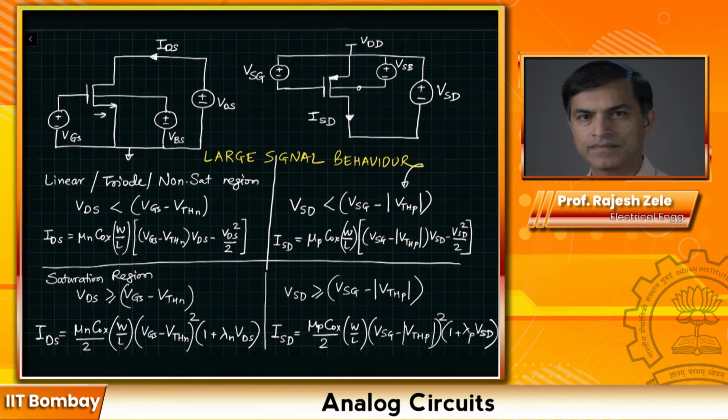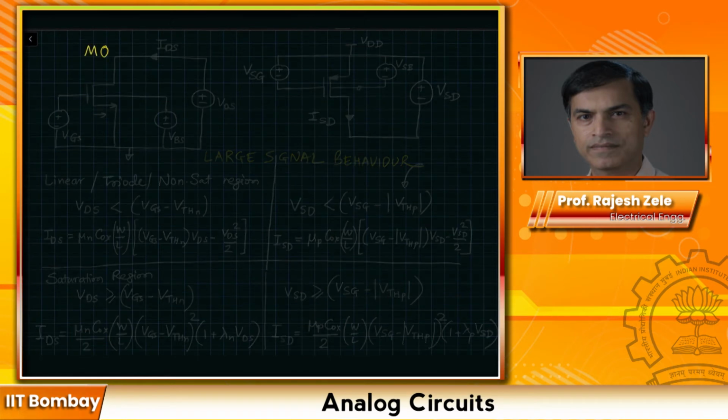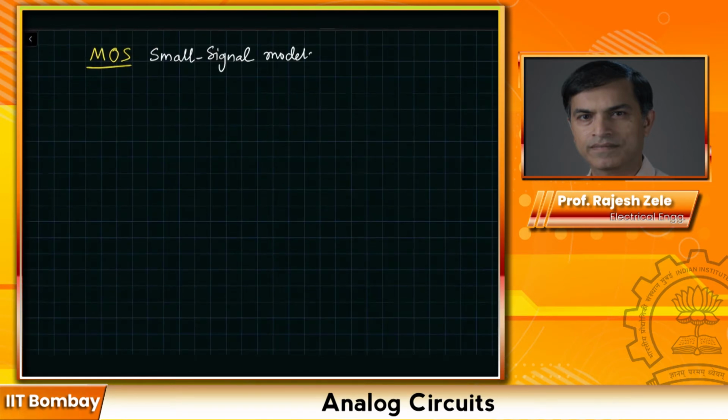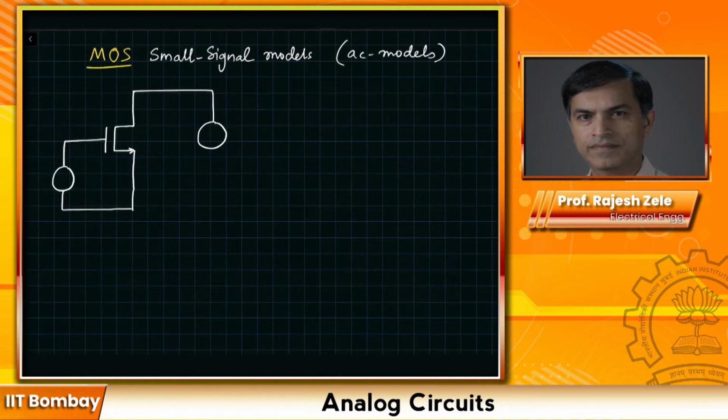Now we will take the next step, which is to come up with a small signal model for MOSFETs. For most applications, the bulk is generally connected to the source and we don't explicitly show it. So we will be starting off with a simple schematic like this.